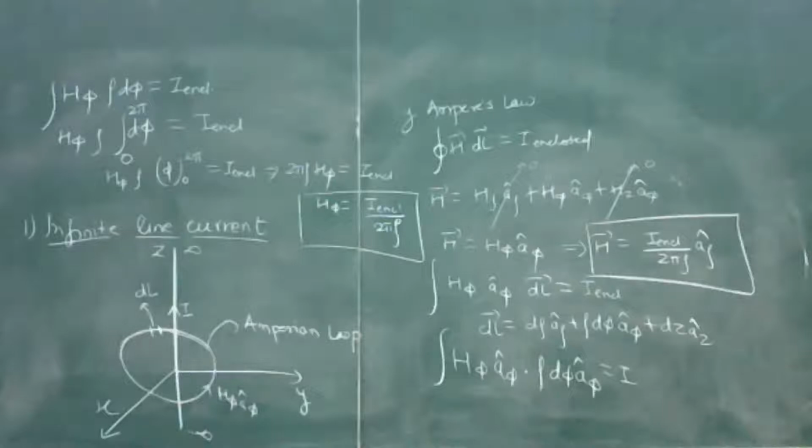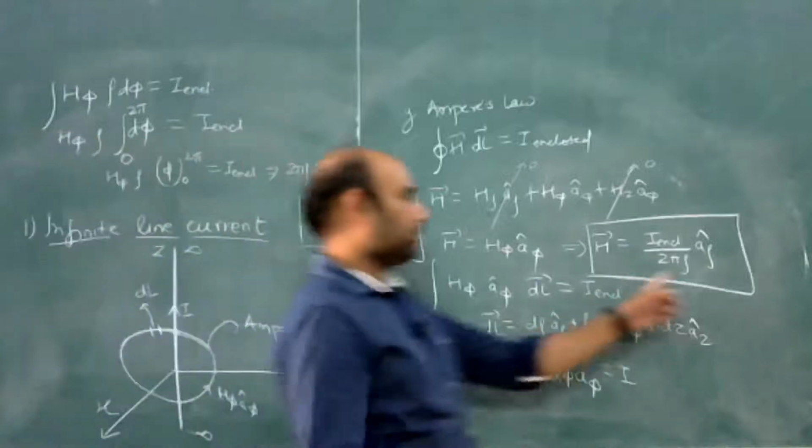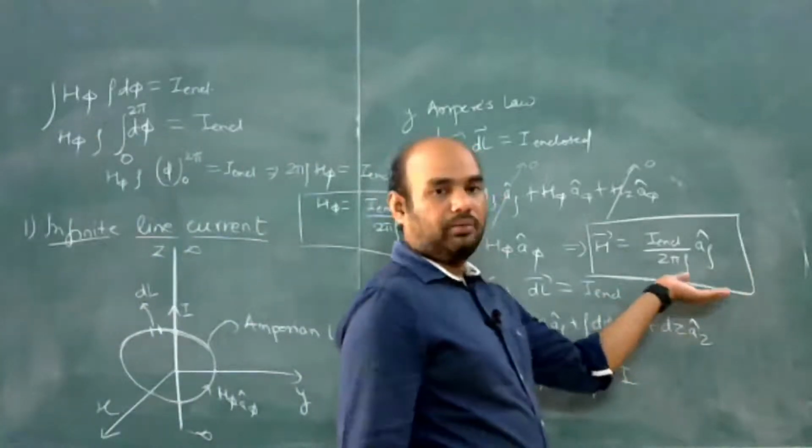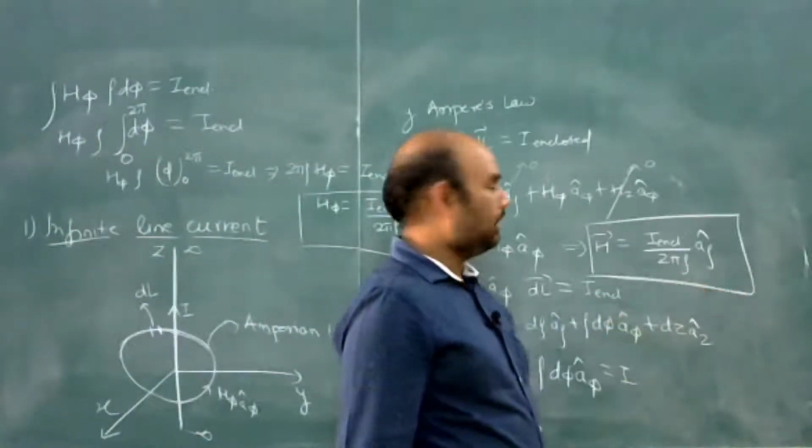This is the case when current is flowing in the a z direction. We got this using the Biot-Savart law also, so it is verified by using Ampere circuital law.